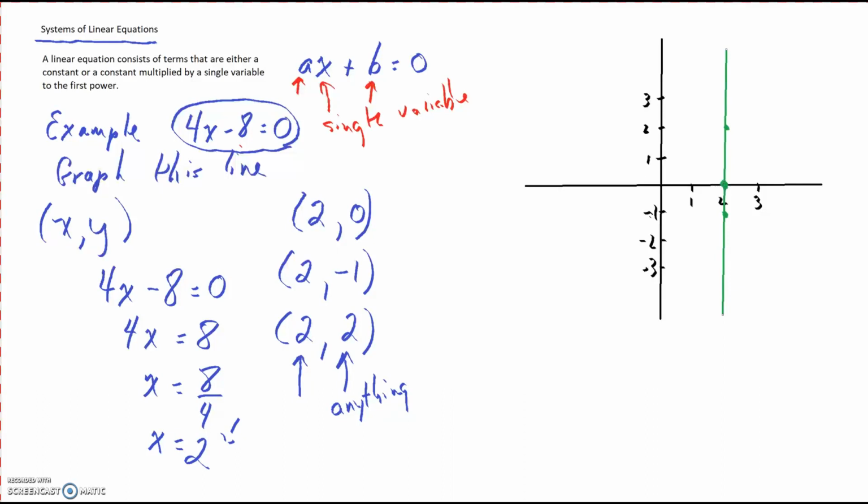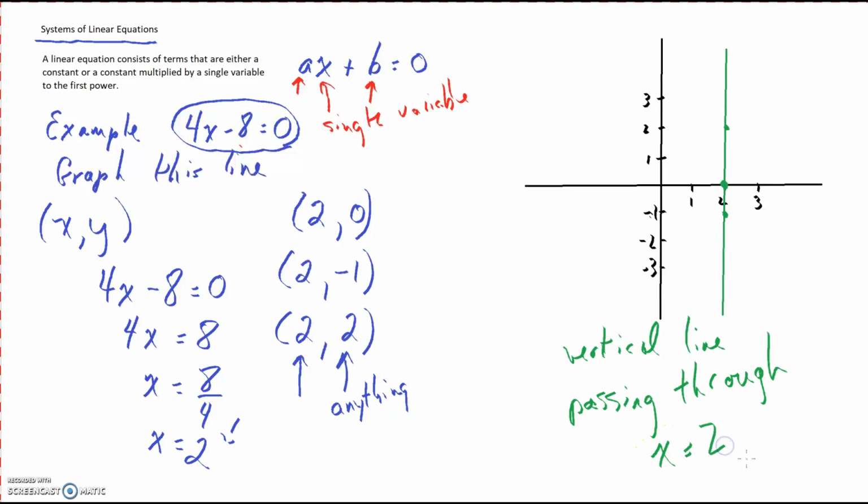All right, so that has formed a vertical line passing through x equals 2 on the x-axis.